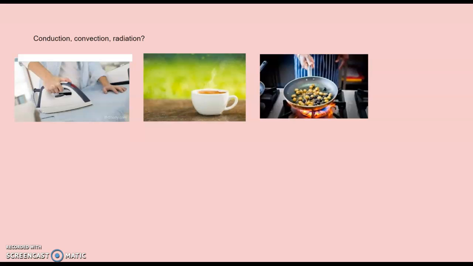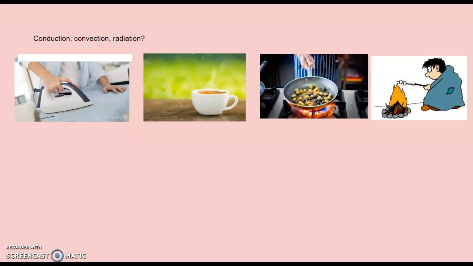Let's talk about the food on that pan. That food isn't directly touching that fire, right? That food is directly touching that hot pan. So the food getting cooked here would be conduction. Toasting marshmallows. Those marshmallows are not directly touching that fire. You could directly touch that fire, but right now in this picture they're not. So how are they getting the energy?